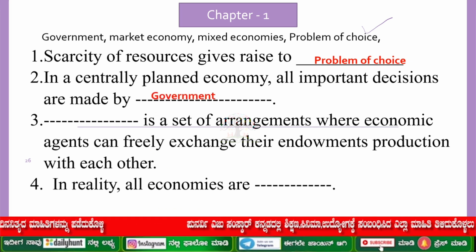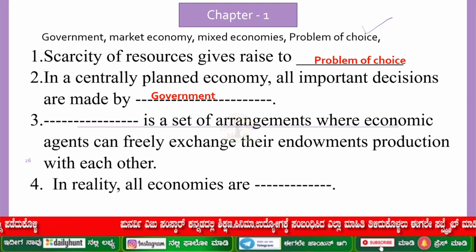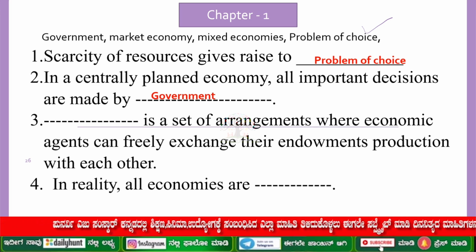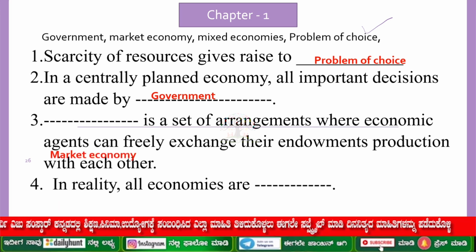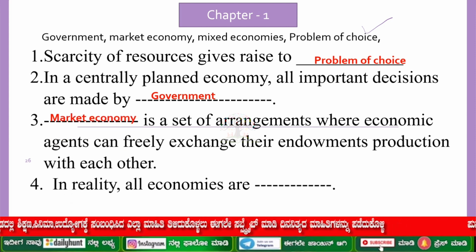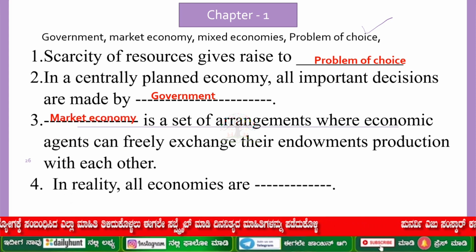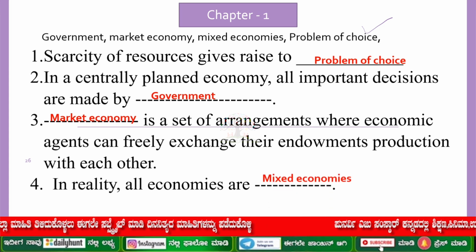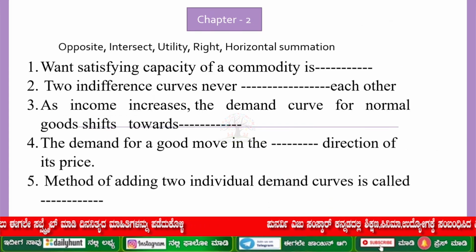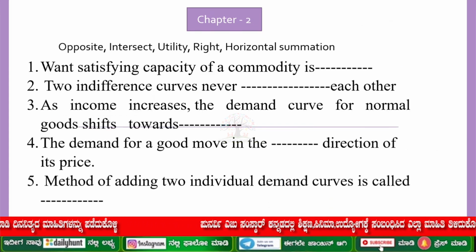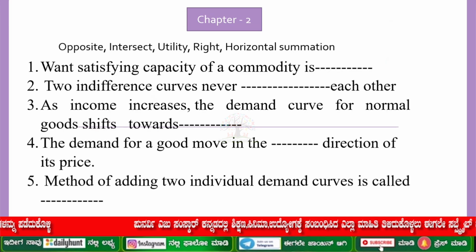Blank is a set of arrangements where economic agents can freely exchange their endowments and production with each other, that is market economy. In reality, all economies are mixed economies. So here also you can see above you have answers, you have to choose.